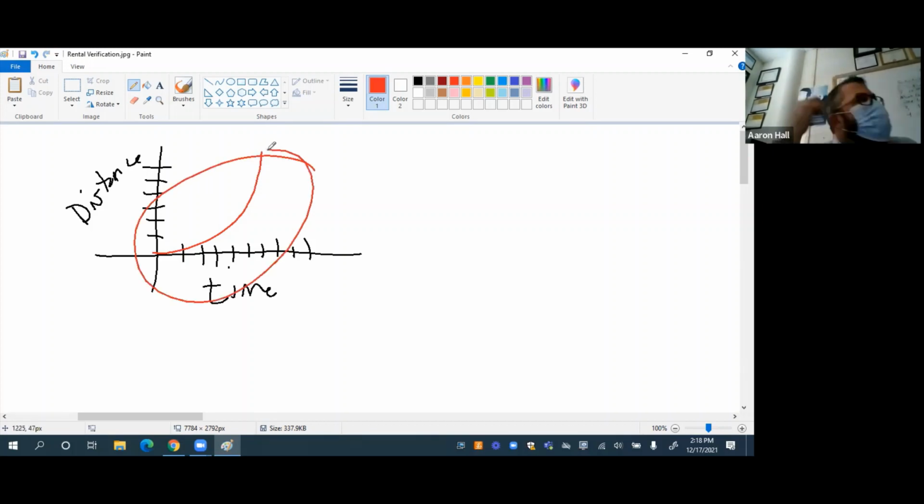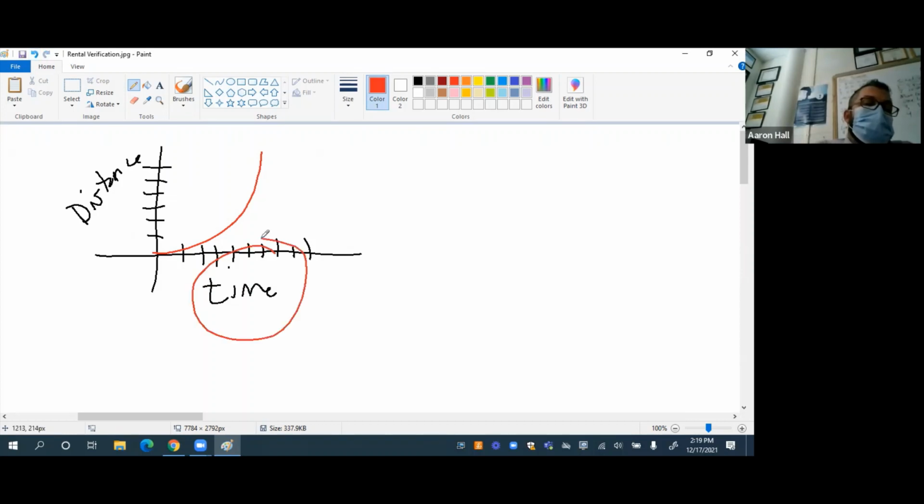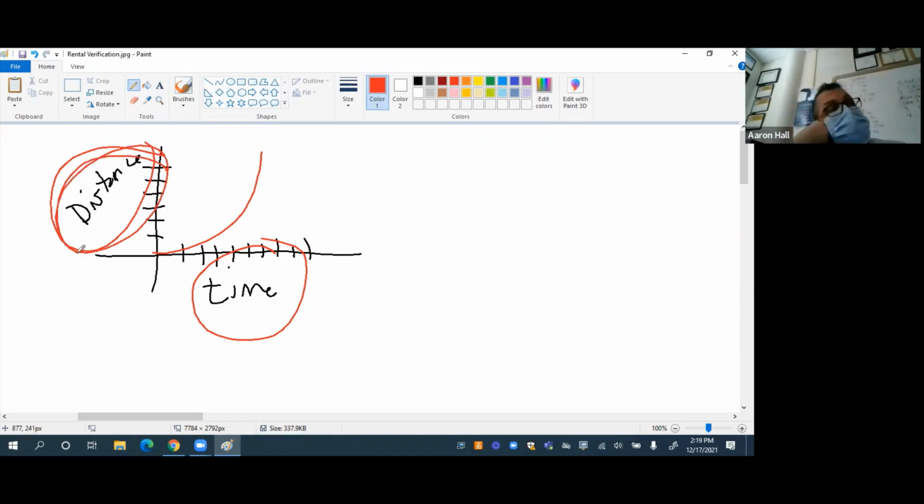How could we read that? What is being said here in this graph? Exponential. Okay, it looks exponential, but is there a way that we can read it in terms of time and distance? Let's say that this graph represents your distance from home.